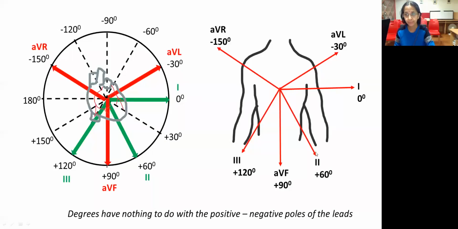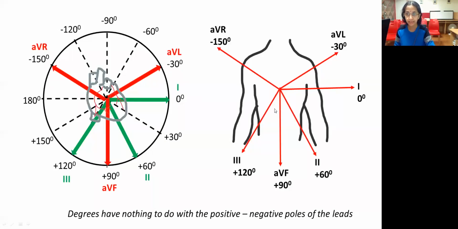Remember that when we say lead 1 is positive here, lead 2 is positive here, AVF is positive here, lead 3 is positive here, AVR is positive at -150 and AVL is positive at -30, these positive and negative degrees have nothing to do with the positive and negative poles of the leads. Both are very independent.